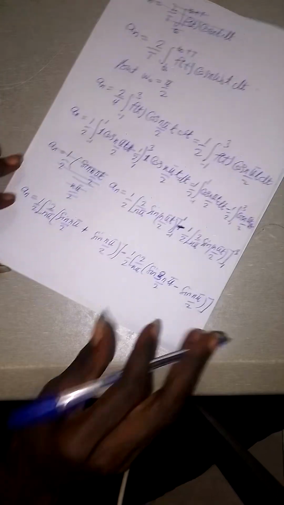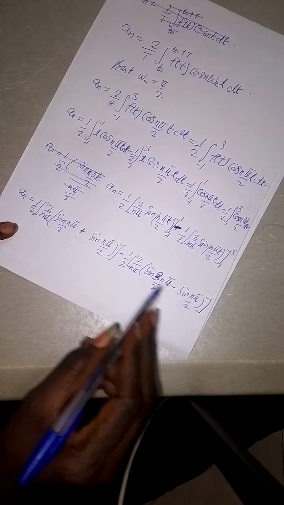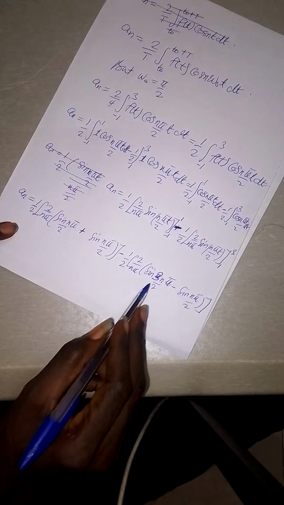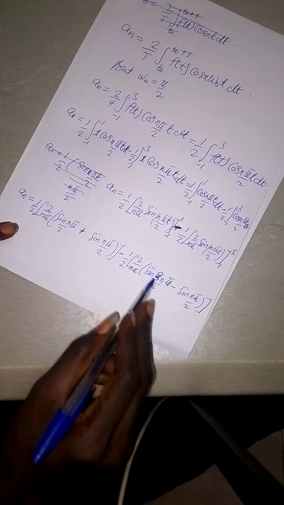But you see that basically here and here is the same, and then this one is negative. The only odd one out is this one.